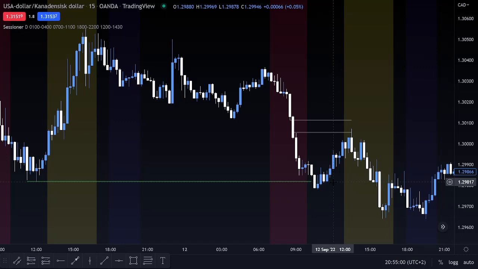I want to use the easy, low hanging fruit target. If I had an area of equal highs up here created during the London session here, that could be a potential target if I had a stronger market structure break down here.